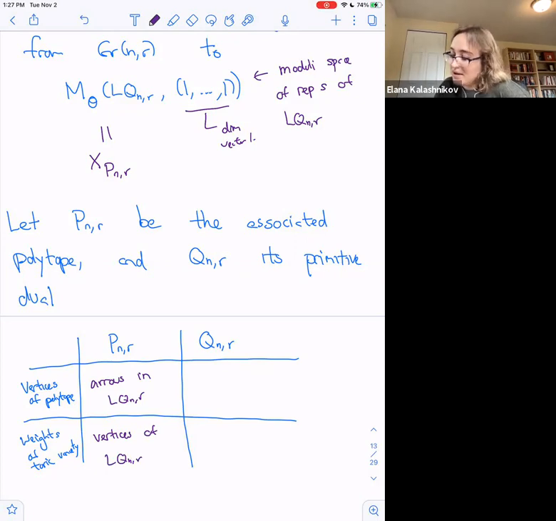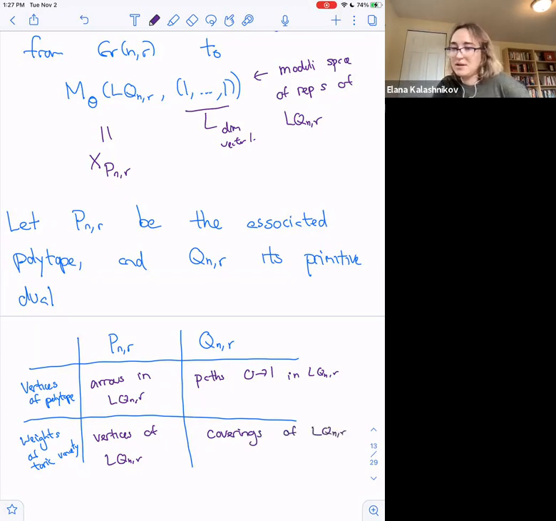For Q_{n,r}, the primitive dual polytope, the vertices are given by paths from 0 to 1 in the ladder quiver, so between those two external vertices. And the weights of the toric variety are going to be given by something I'll call coverings of the ladder.